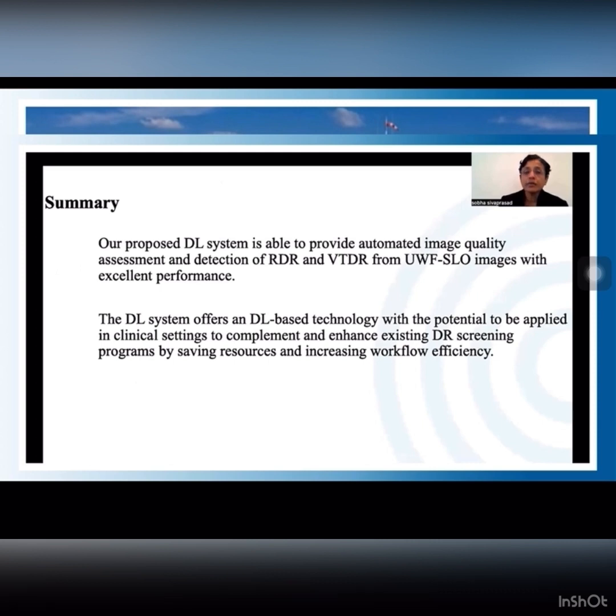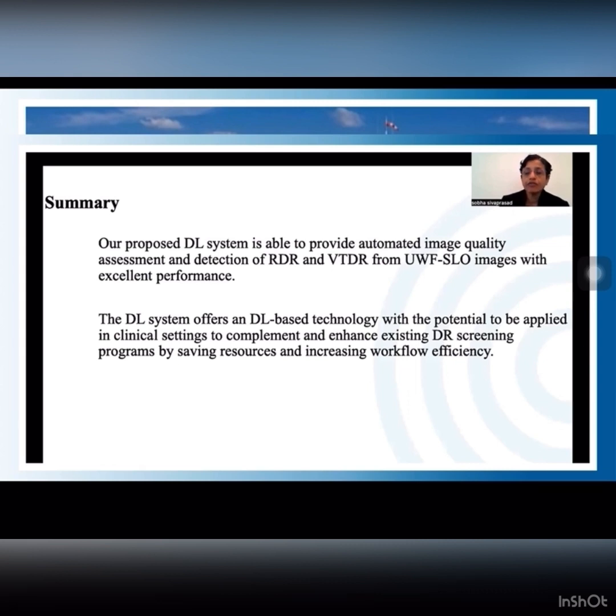So in summary, our proposed deep learning system is able to provide automated image quality assessment and detection of referable diabetic retinopathy and vision-threatening diabetic retinopathy using ultra-wide field images with excellent performance.